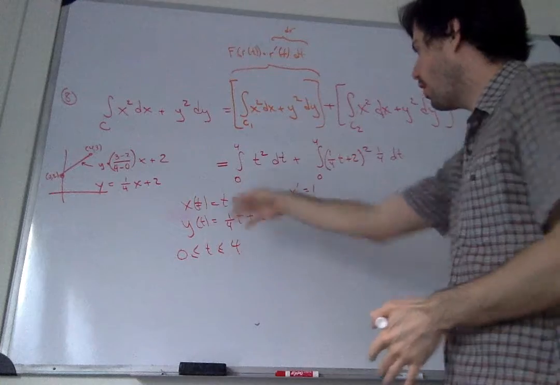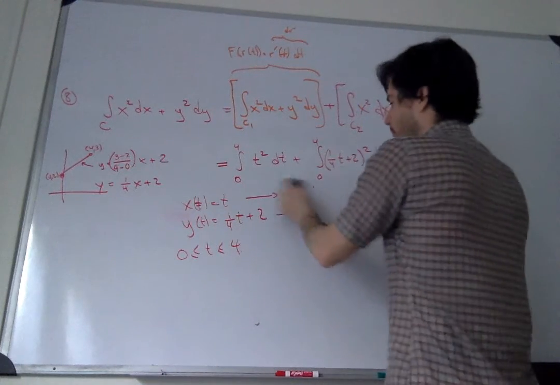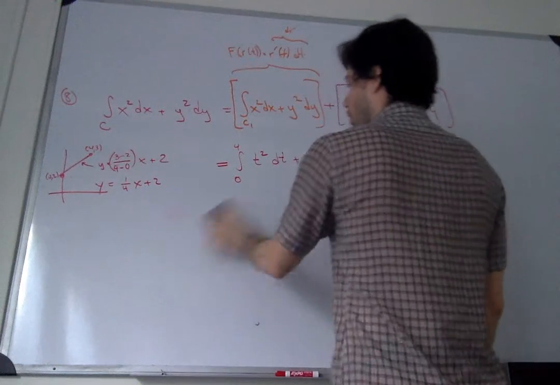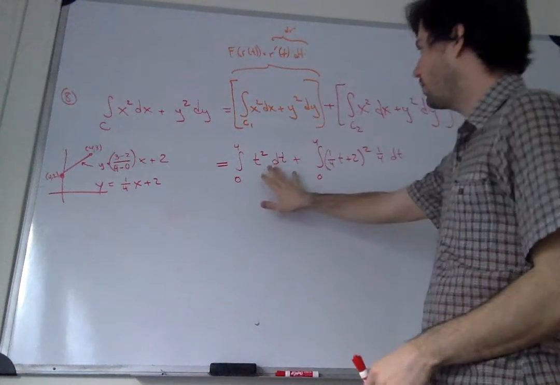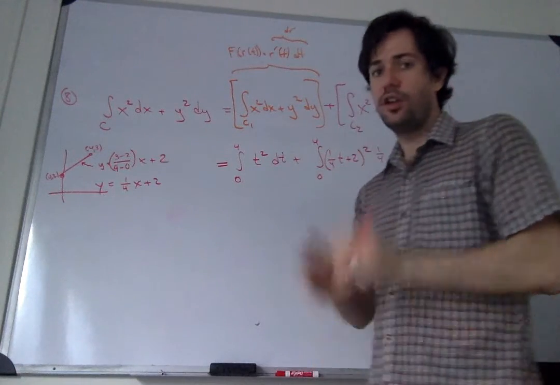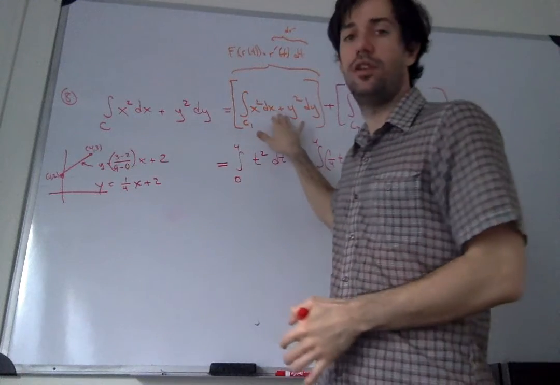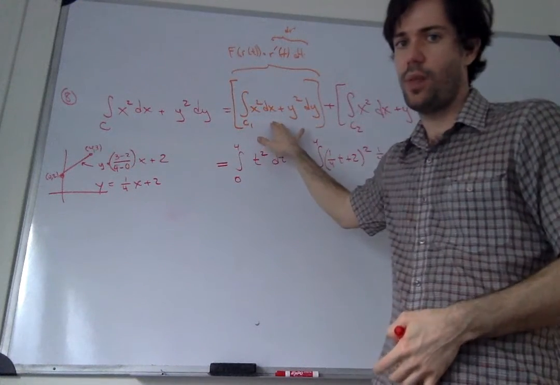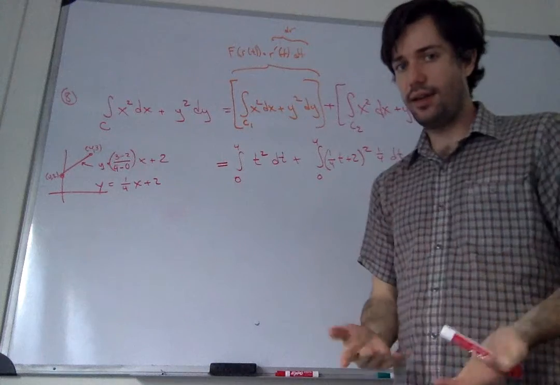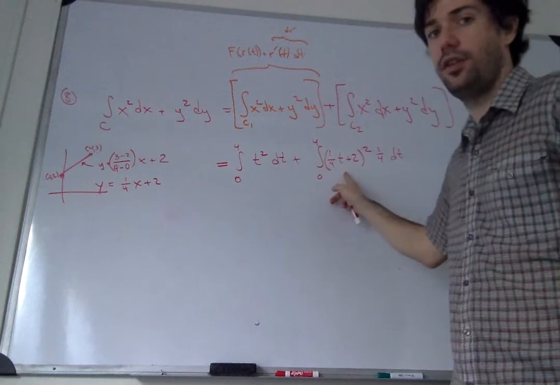Okay, so with all this information in mind, I'm going to erase it now, and we use that information to write this. Now, in the previous video, I said do not split up your integrals into two parts when you deal with the orange. But when we deal with the red, we are going to split them up into two integrals.